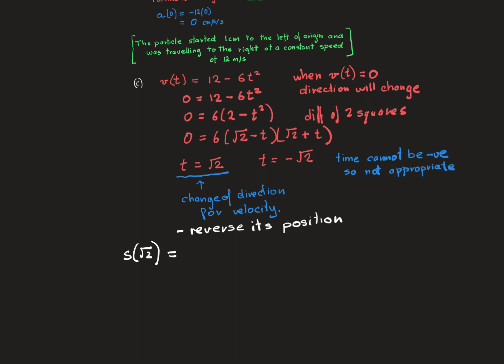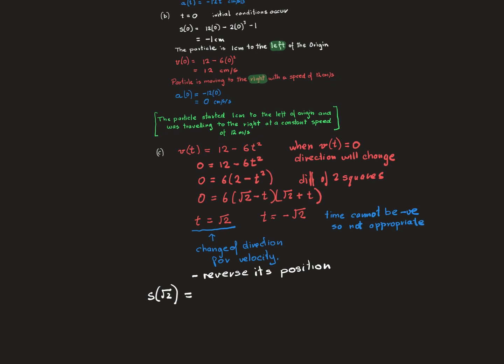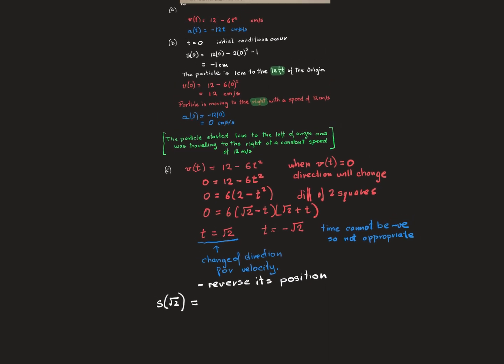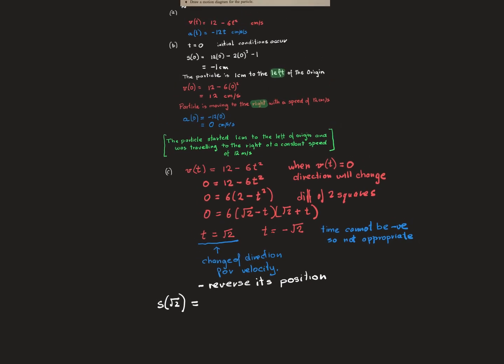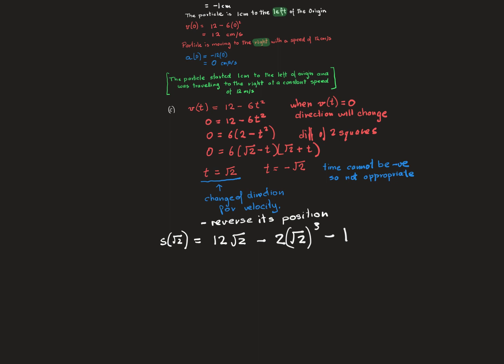So what we're going to do is substitute root 2 into our displacement function, and that's going to be 12 root 2 minus 2 root 2, all to the power of 3, minus 1. That looks really a little bit complicated, but we will simplify it.